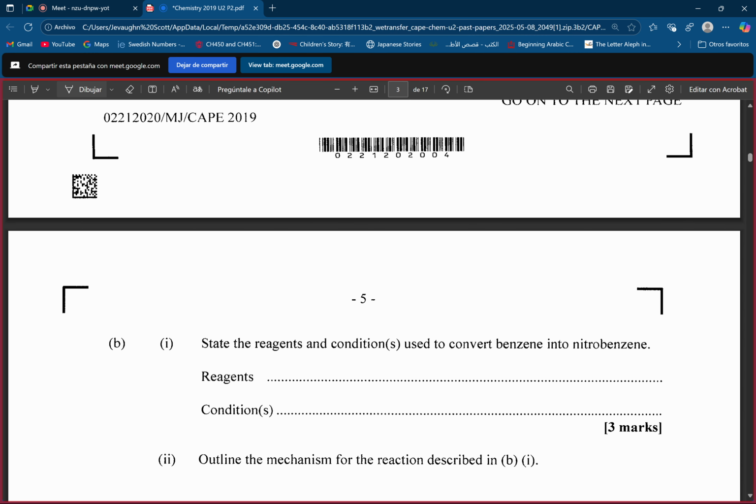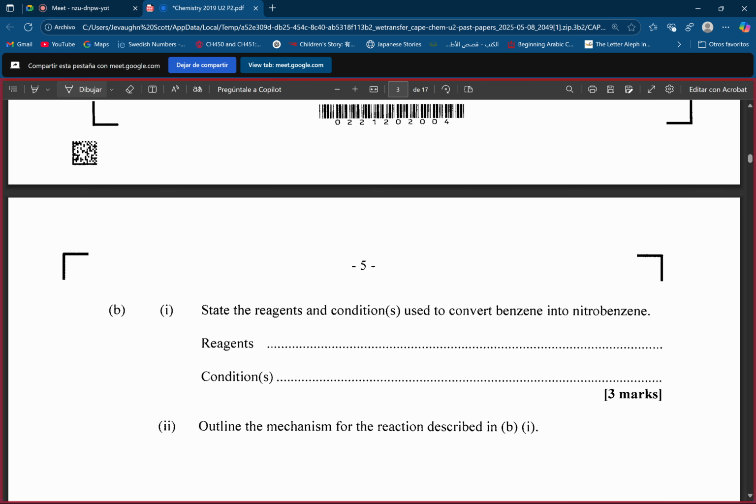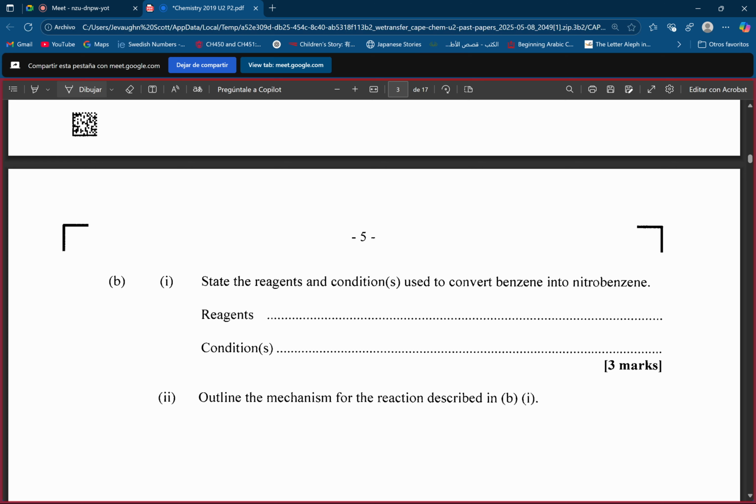Because if we're looking at something like the nitration of benzene, look at nitrobenzene, this question here, I will definitely state that you must have your reactions that come before the mechanism, right? For the nitration of benzene, what are the reagents that we use? Okay, so we have nitric acid, HNO3, right?